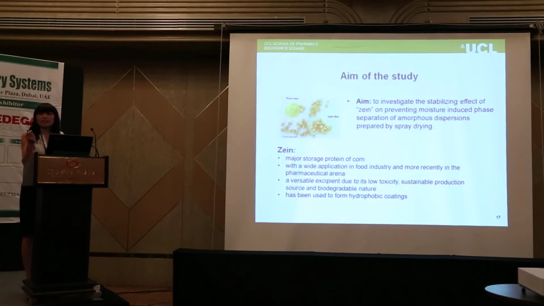I think another lady talked on electrospinning for nanofibers earlier on. We found that Zhao is a very good material because it's available everywhere, very biodegradable, and it's a very versatile excipient due to its low toxicity, sustainable production, and biodegradable nature.